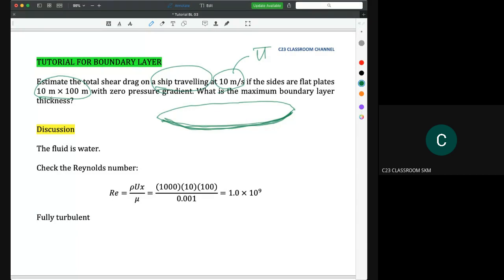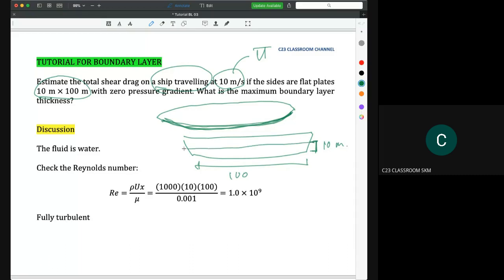So you could imagine that if this is the shape, the length here is 100 meters, and the depth here is 10 meters. Normally in ships, we assume that the 10 meters is actually the wetted area, meaning the area that is wetted by the water.